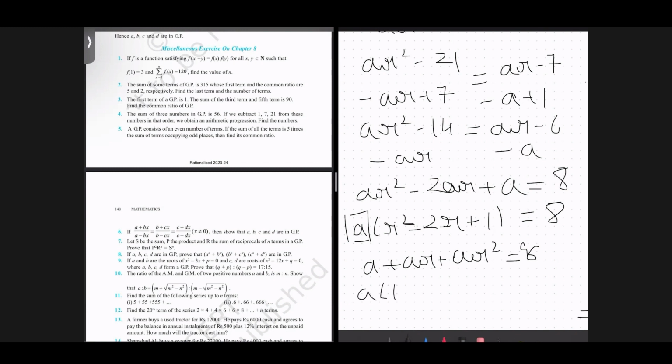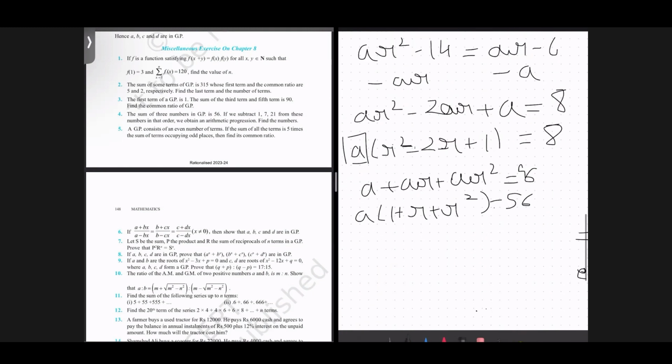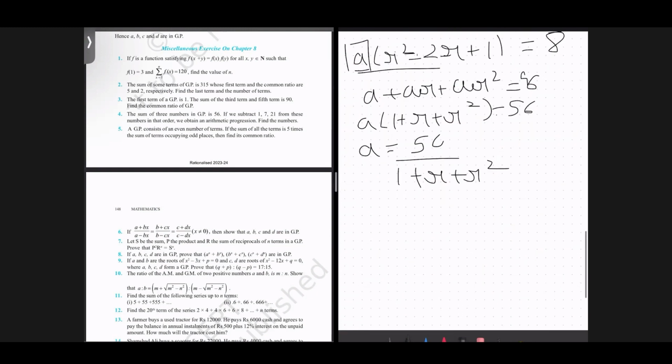So take a out common, a times 1 plus r plus r square equals 56. What you are left with is a equals 56 upon 1 plus r plus r square. Plug in the value of a into this equation right here, and let's see what we get.